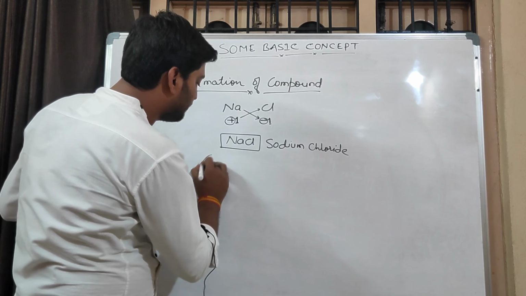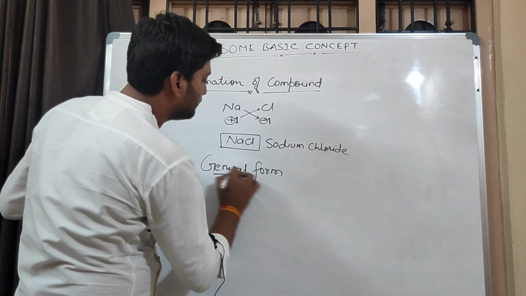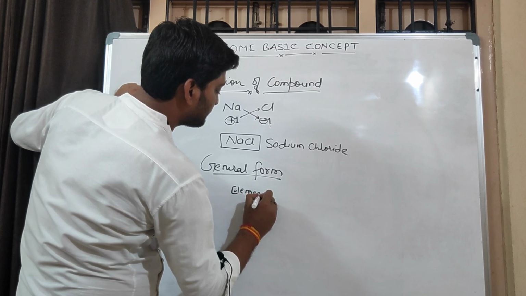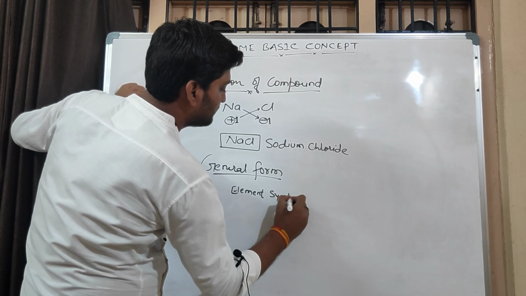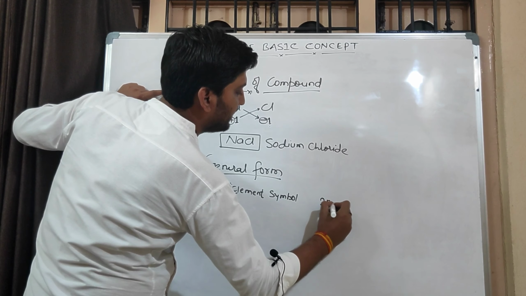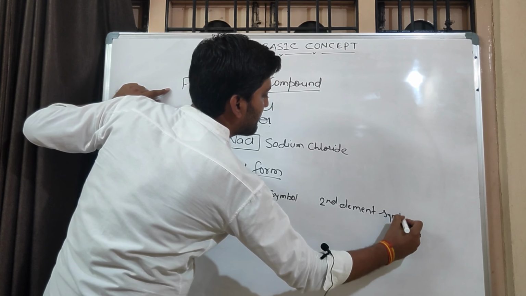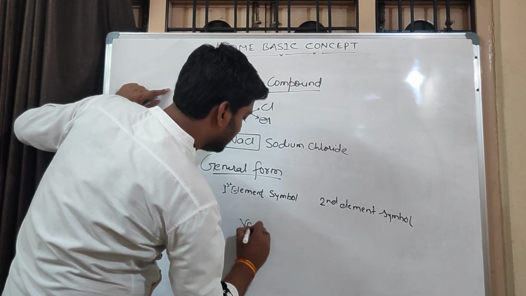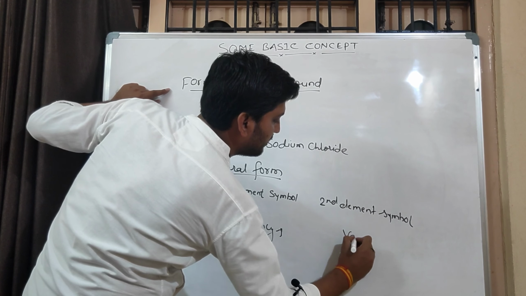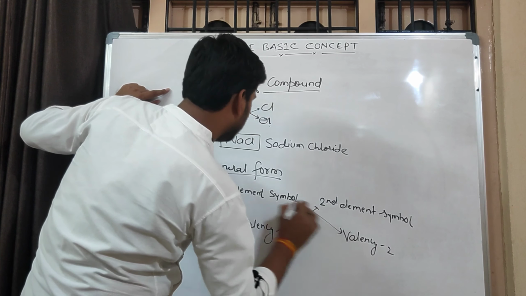Valency. So the general form. What is the general form? To form any compound, first the element symbol, here the second element symbol, and below that the valency of the first, and here the valency of the second element, and we will cross multiply.